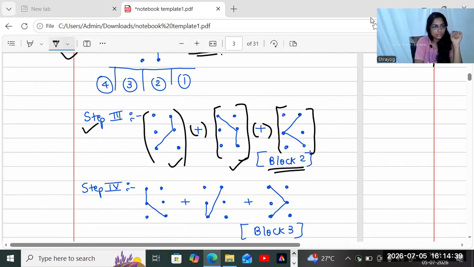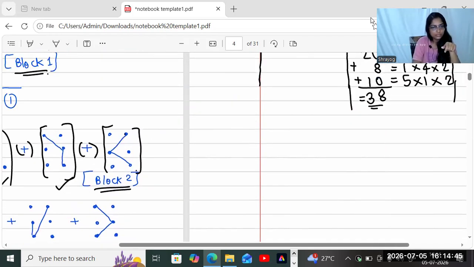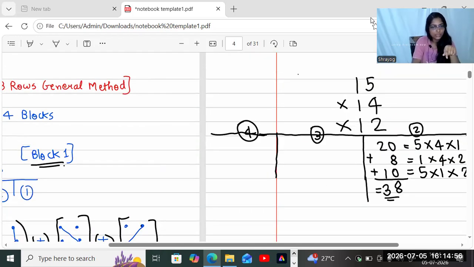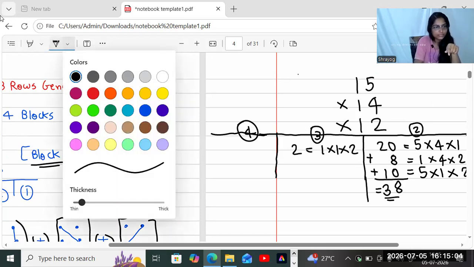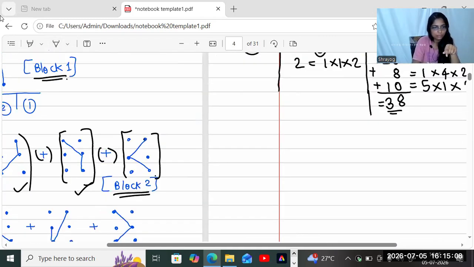Now, step 4. Step 4 says the same thing: you have to see the numbers in the place of these dots and multiply them. Here I could see 1 multiplied by 1 multiplied by 2. I get 2 here. Then again there is a plus sign, so I'll put a plus sign here.